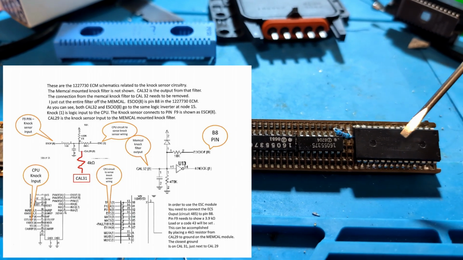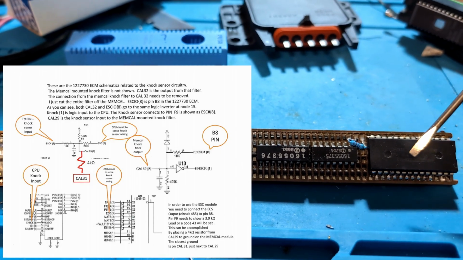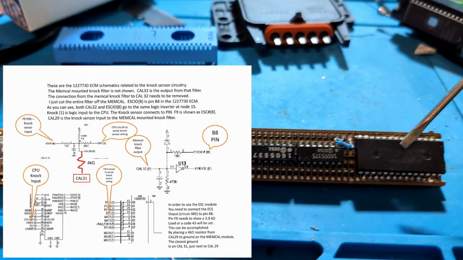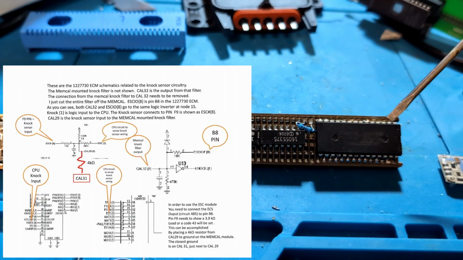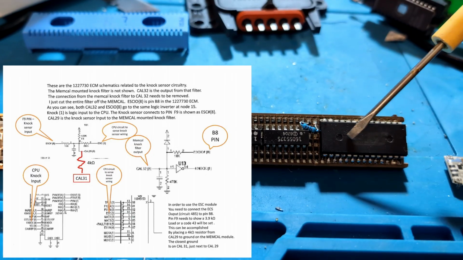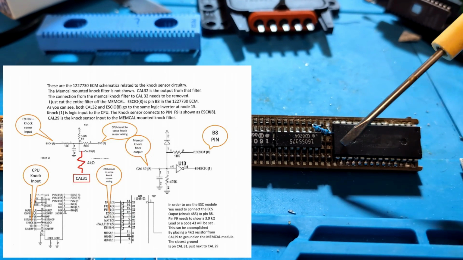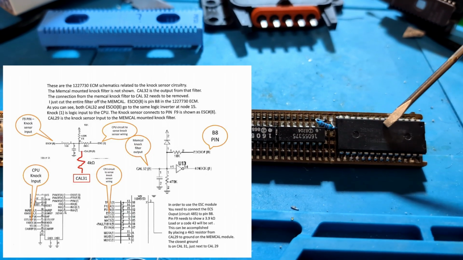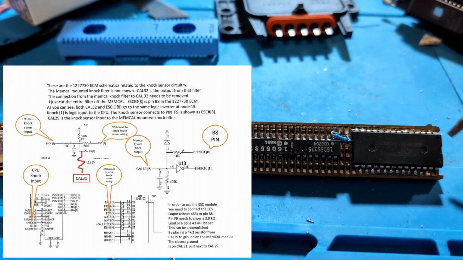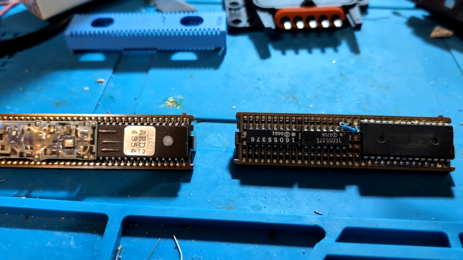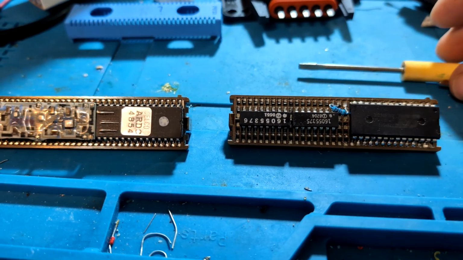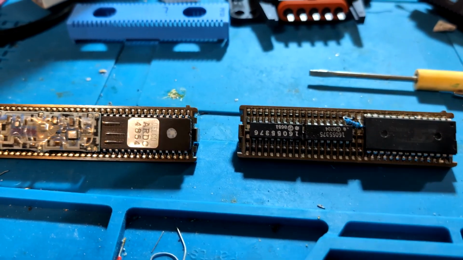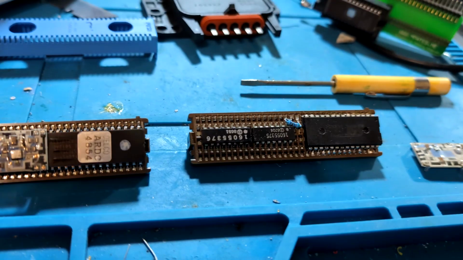You can't use them right out of the box with the new computer, with the speed density computer, but if you change the chip, because the chip's capacity is bigger, then you can use the actual Memcal body. Now, I guess we should back up a little bit and explain why you would even consider doing that.